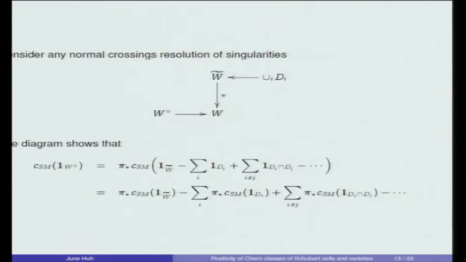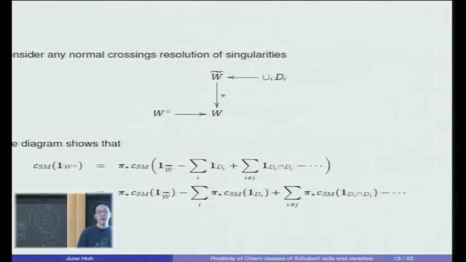Well, you stratify your W into non-singular parts, and by induction, you argue that it's enough to compute CSM of the largest stratum, the smooth open part, let's say W naught. And then you consider any resolution of singularities which makes the boundary normal crossings. So you have your resolution of singularities, W tilde, and at infinity you see several divisors, Di, which meet transversally to each other.